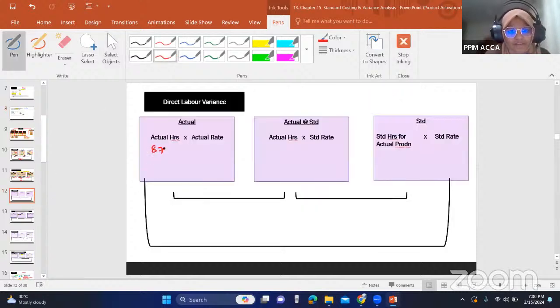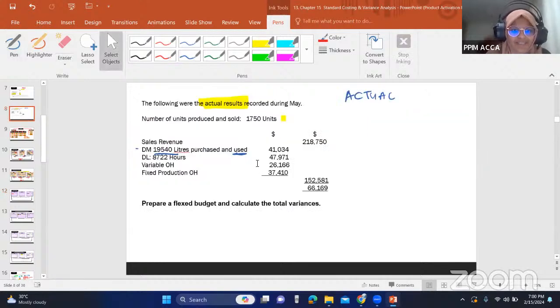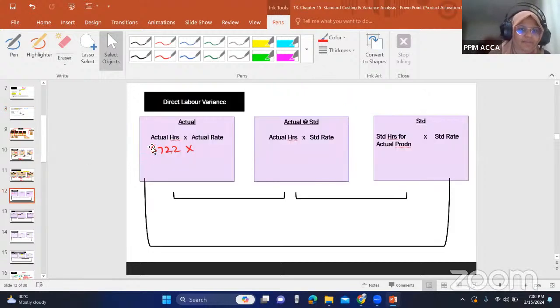8,722 multiplied by the actual rate, we don't know, but we have the total, which is 47,971.